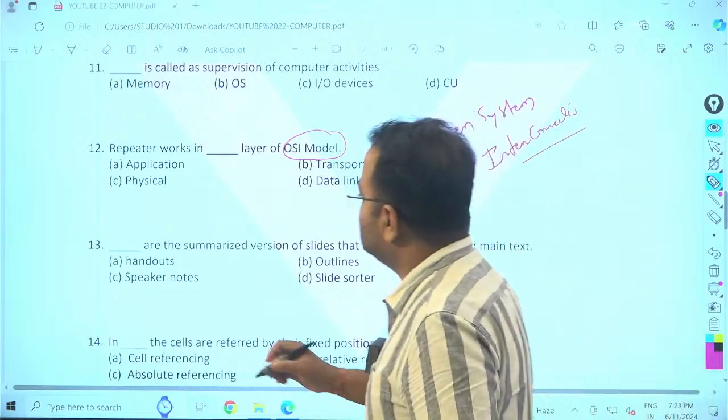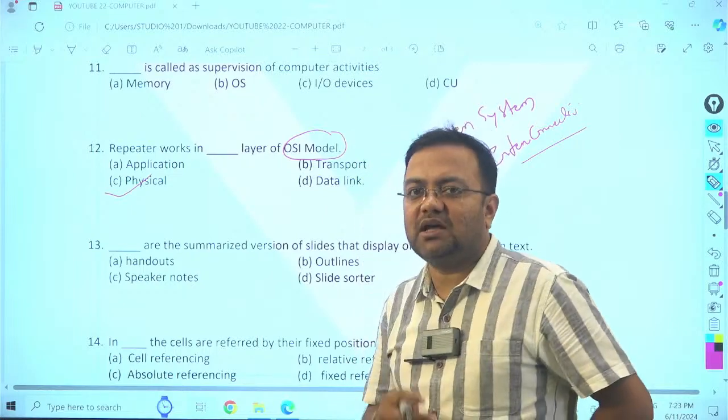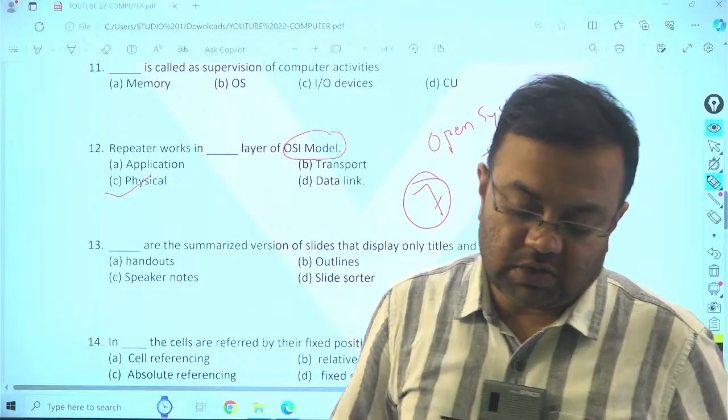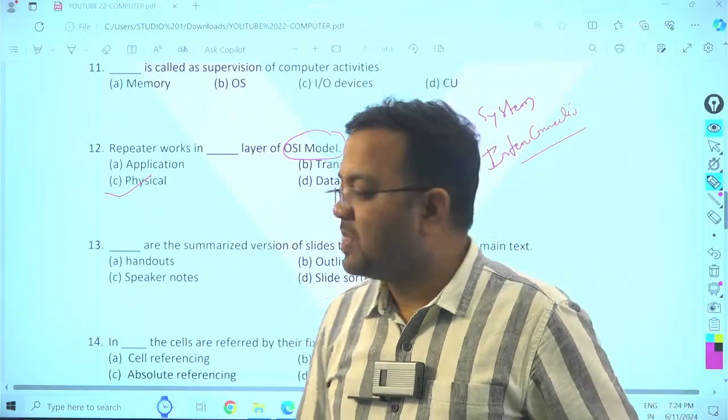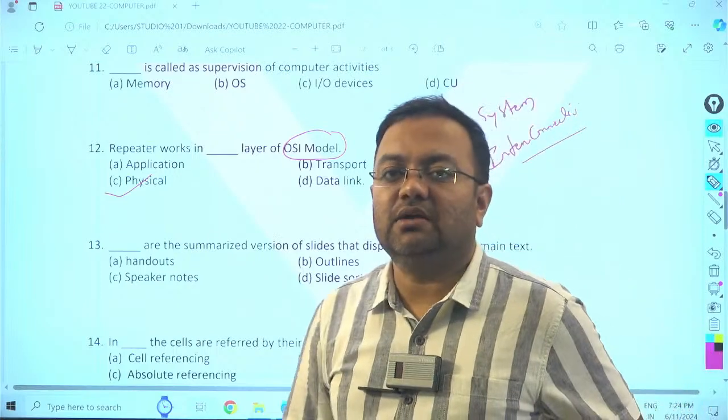So repeater basically works on the physical layer. This is the first layer where all the physical equipment are necessary to connect the network or internet communication. So question number 12, repeater, we can choose C, physical layer.